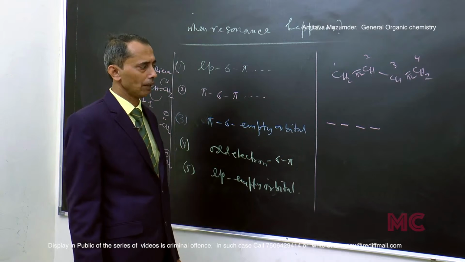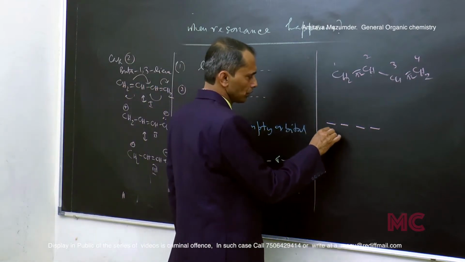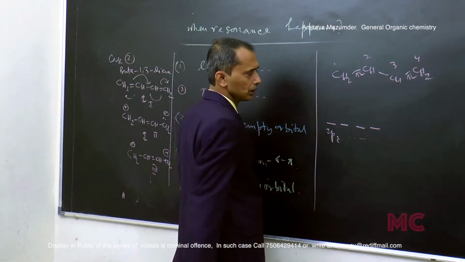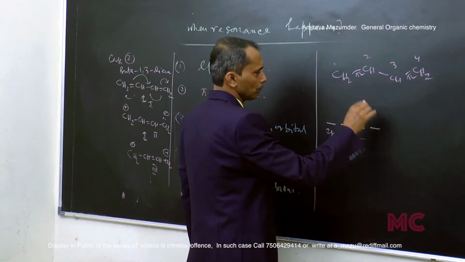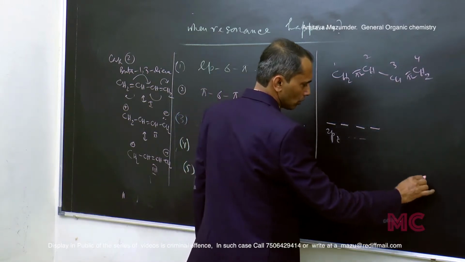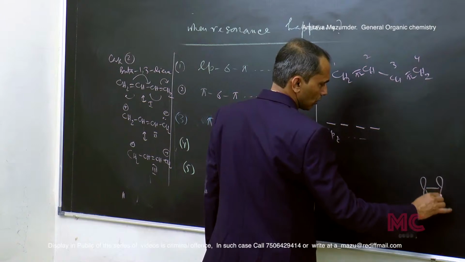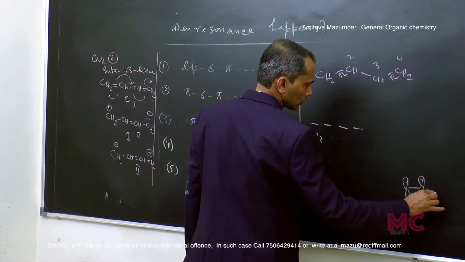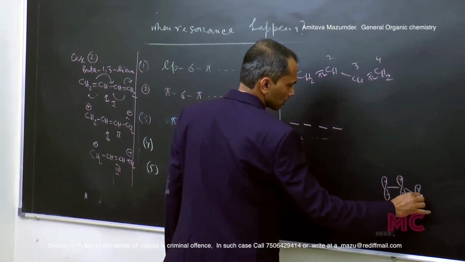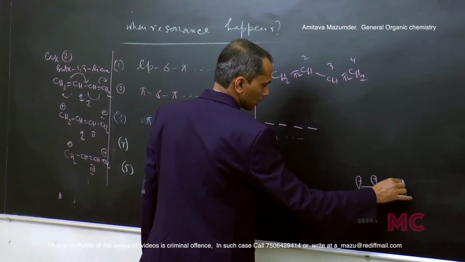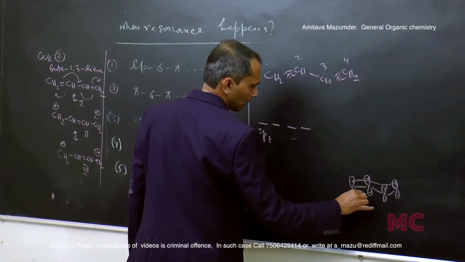These are all 2pz orbitals of carbon. Now look over here, this can be a situation where you have all plus, like this, then plus, minus, plus, minus.